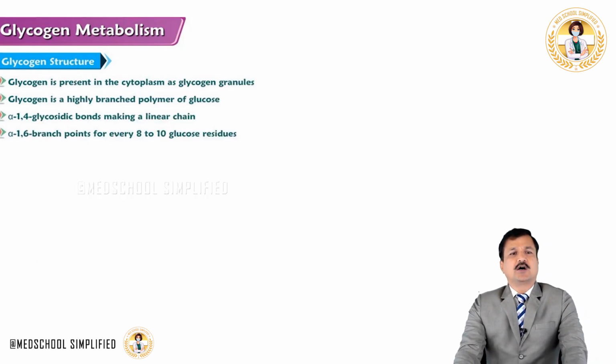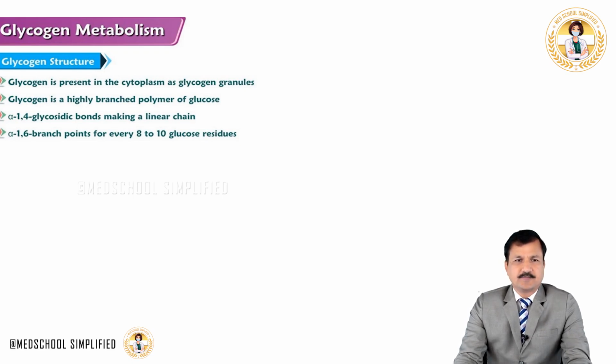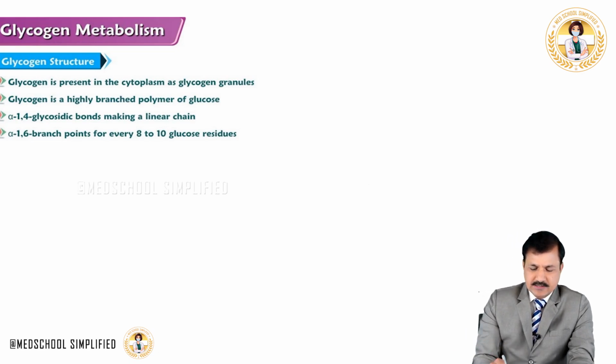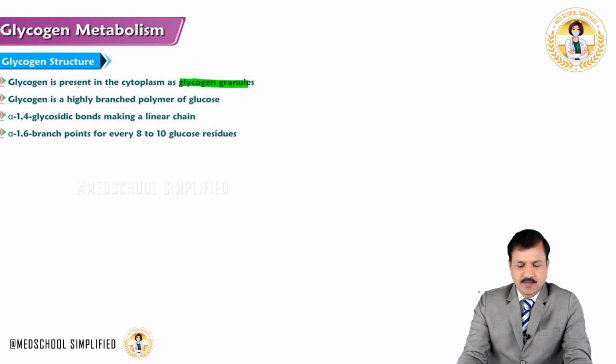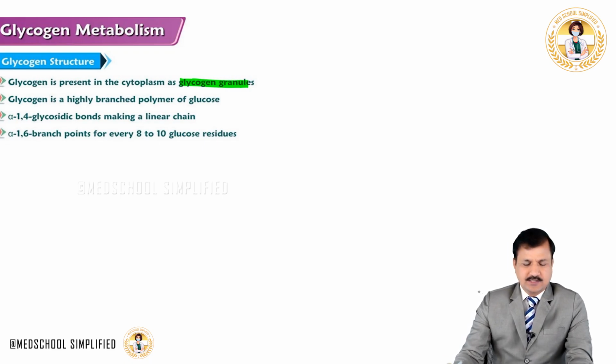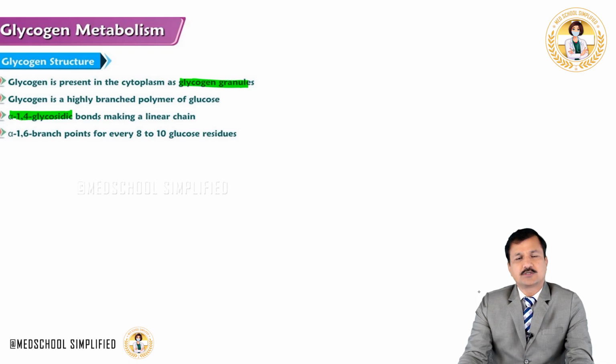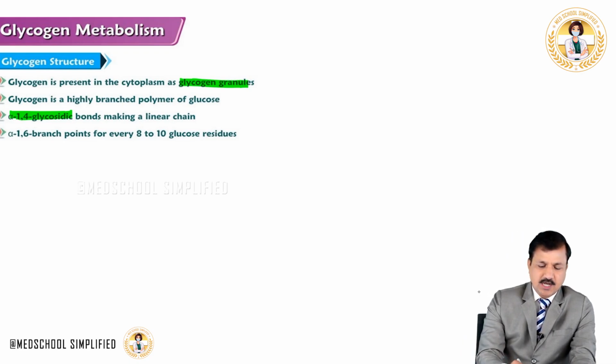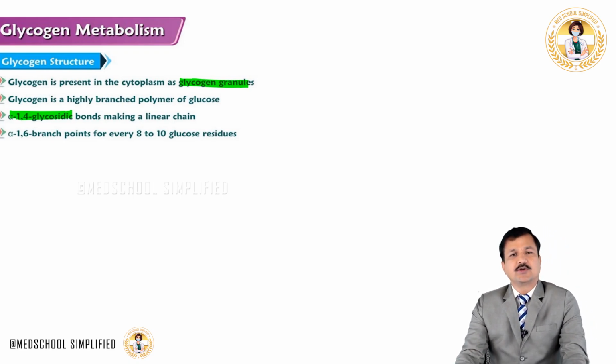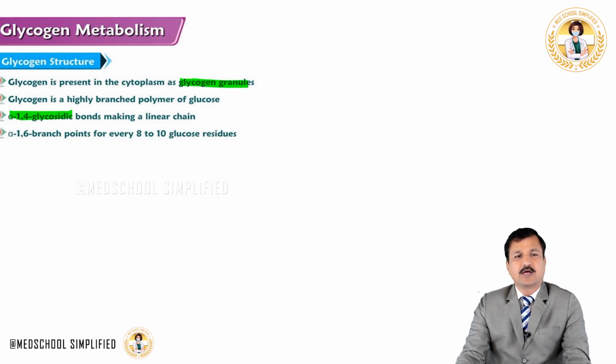Now let's look at glycogen structure. Glycogen is present in the cytoplasm as glycogen granules, and it is a highly branched polymer of glucose. The linear chain of glycogen is made with alpha-1,4 glycosidic bonds, where the first carbon of one glucose is linked with the fourth carbon of an incoming glucose.